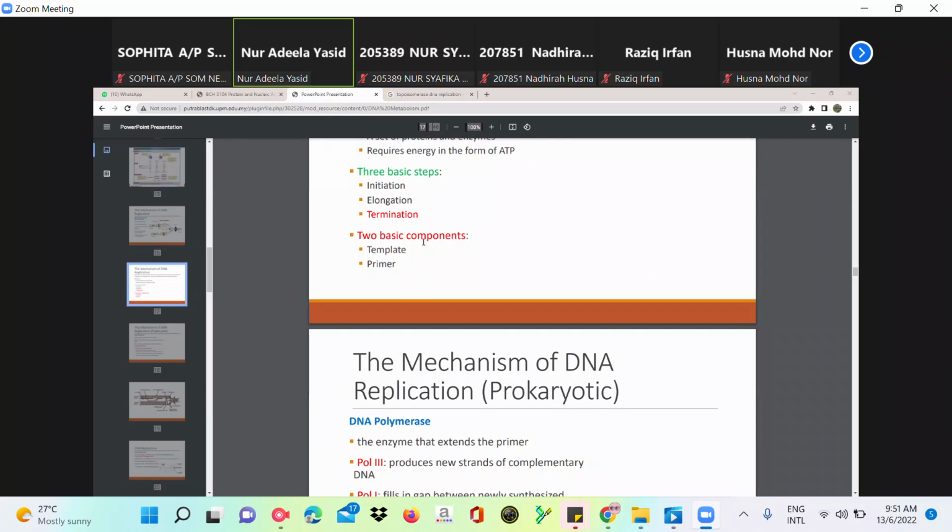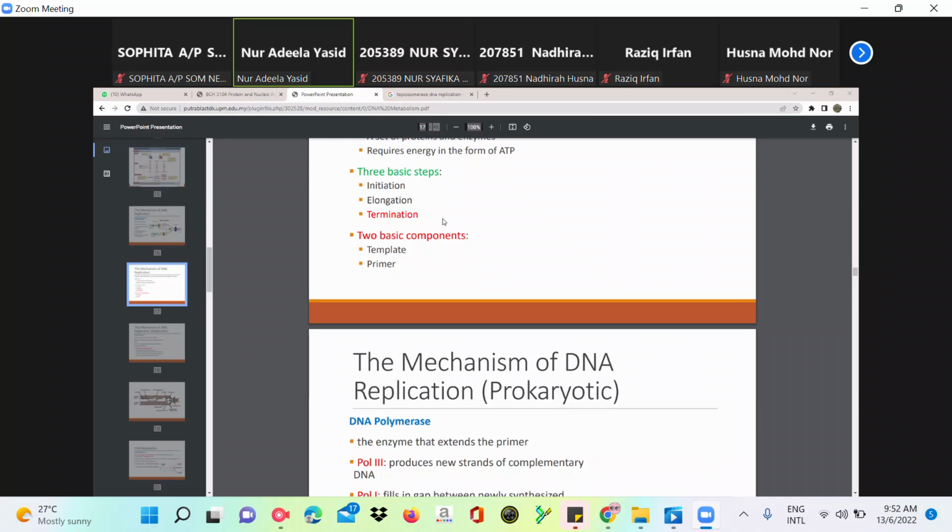But 18S applies to the eukaryote system. The genome structure of the eukaryotic system is more complicated and not similar to the prokaryotic. Prokaryotic is much simpler, that's why it only has 16S. 16S explains the structure of the genome. If you study 18S, it's more complicated.